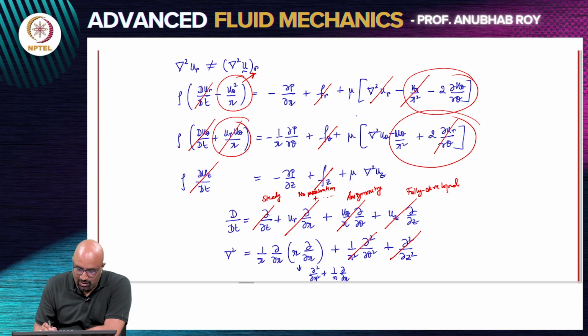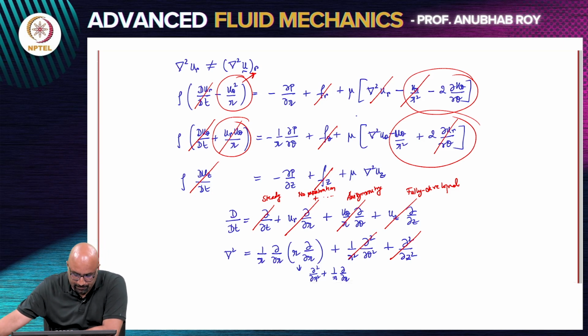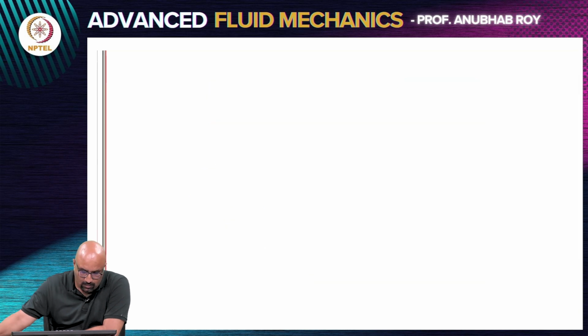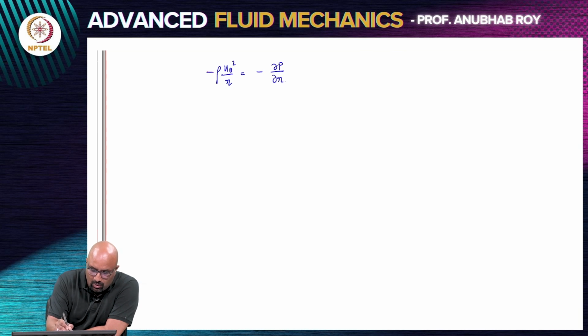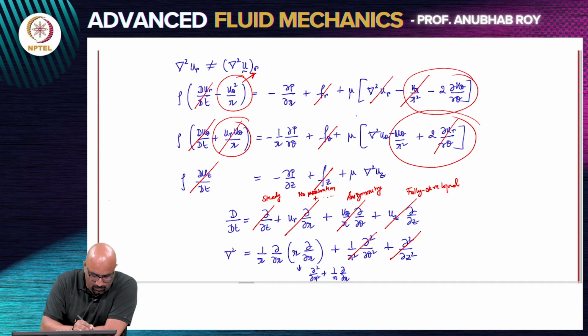So finally, now if you look at your equation for your pipe flow, you have minus rho u theta square by r is equal to minus dou p dou r. So you have a balance between these two terms.